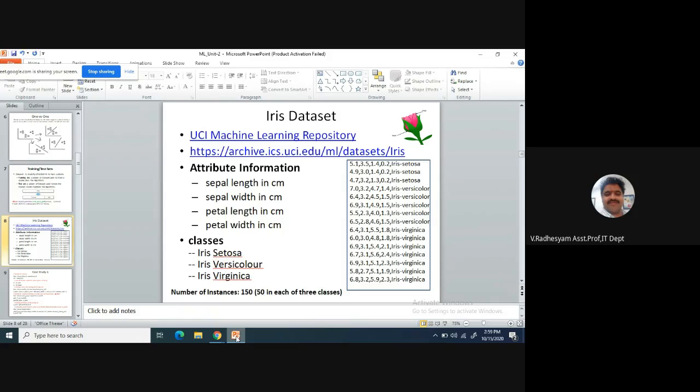Iris setosa is one class, Iris versicolor is one class, and Iris virginica is another class. For each class, 50 samples are there. So 50 into 3, 150 in total. The attributes are sepal length, sepal width, petal length, petal width.